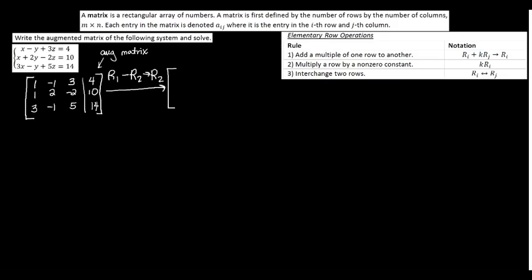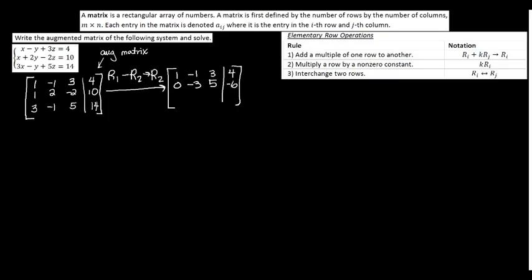I didn't change the first row. The first row stayed the same. But the second row now, I'm going to take row 1 minus row 2, and I'll stick those entries into the second row. So 1 minus 1 gives me 0. -1 minus 2 is -3. 3 minus a -2 gives me 5. And 4 minus 10 is -6.